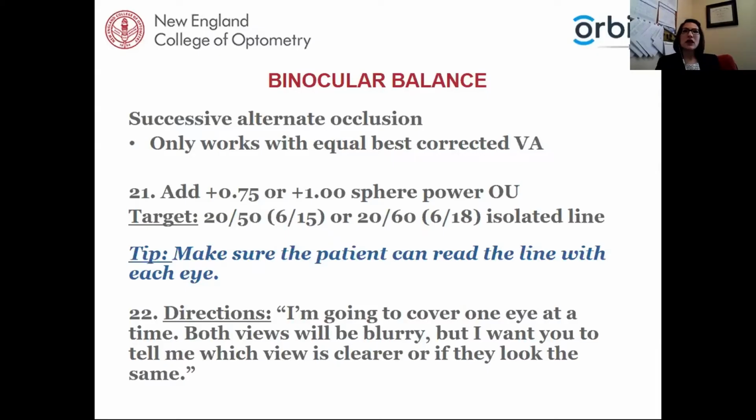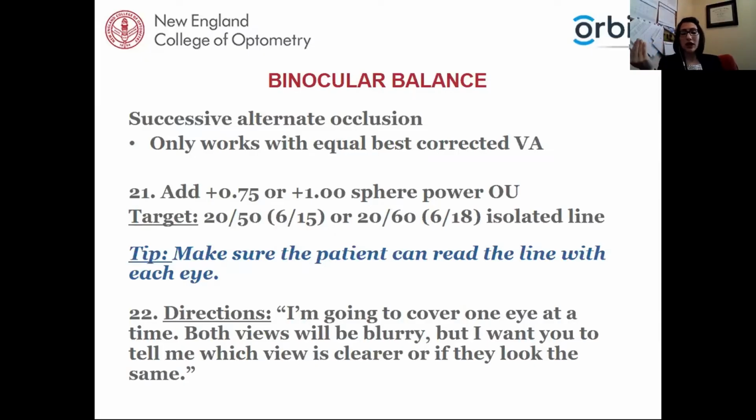One of the questions that someone had asked as part of the registration was, do you have to binocular balance? And not necessarily. The point of binocular balance is to make the stimulus to accommodation equal in both eyes. So you don't want to have one eye having a much stronger prescription than the other, and so the vision is then clear and comfortable. But as you do this, you may not need to binocular balance every patient.